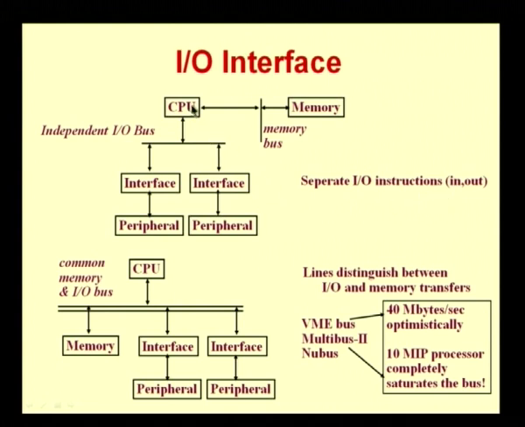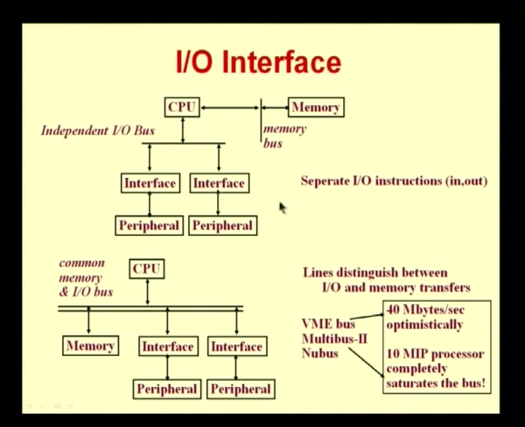If it is a memory operation, it goes to the memory bus and you can access the memory. If it is an IO operation, there is a separate IO bus that can be used. This IO bus is connected to the interfaces of the different peripherals. These are our interfaces for the IO devices. So, if it is an input output, it will come out onto this IO bus.